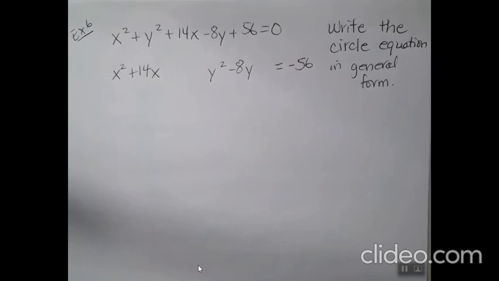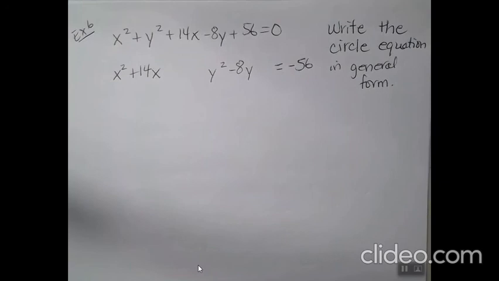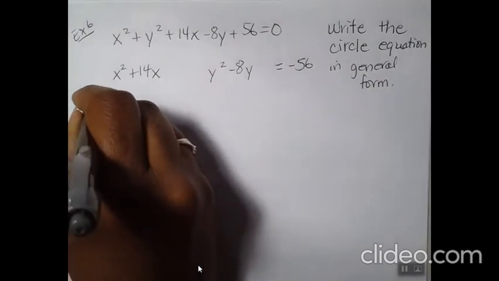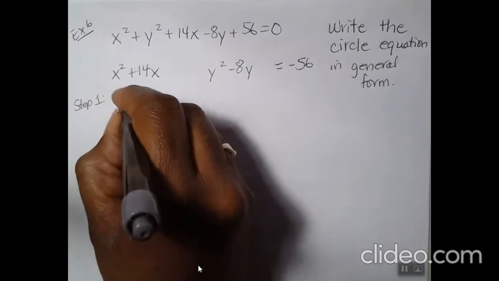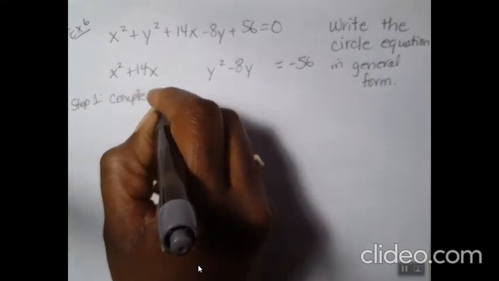We do that by subtracting 56 from both sides. We end up with negative 56 here. Step 1 here would be to complete the square for the x's and y's.